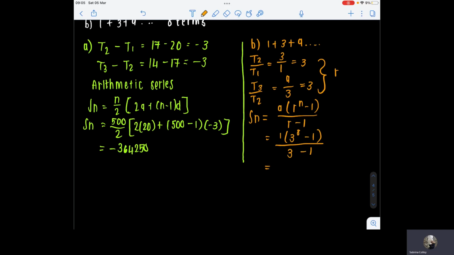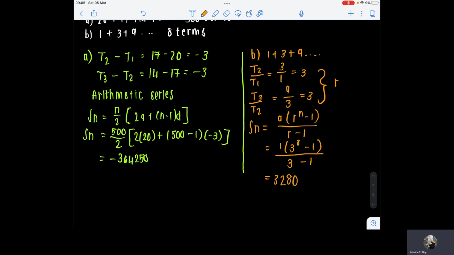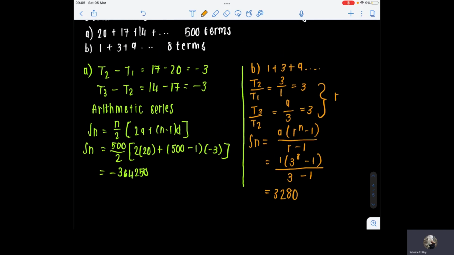If I put that into my calculator, I end up with 3,280. So if I go 1 plus 3 plus 9 all the way up to the 8th term and add them all together, it's 3,280. So it's very different from a sequence to a series. I'm not asking for the 8th term, I'm asking for the sum of the 8 terms, so I'm adding 8 terms together.